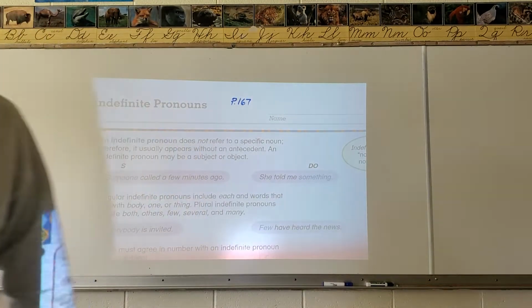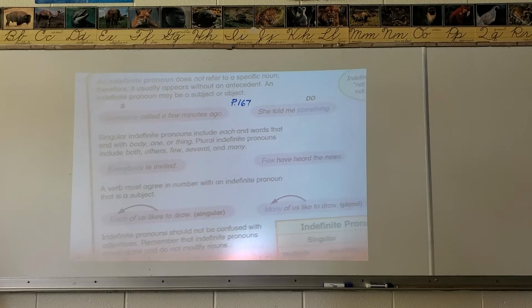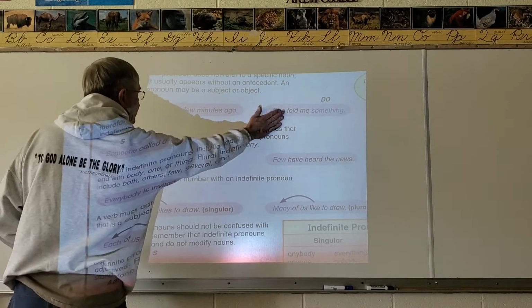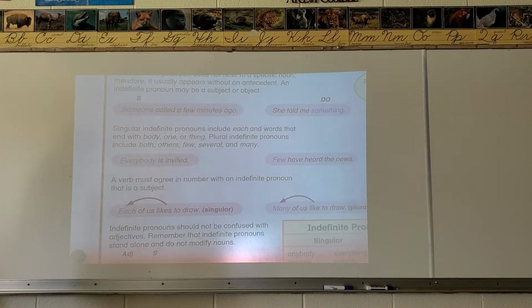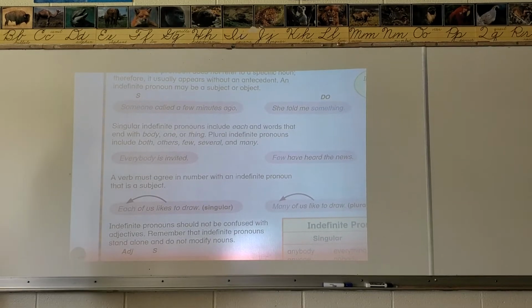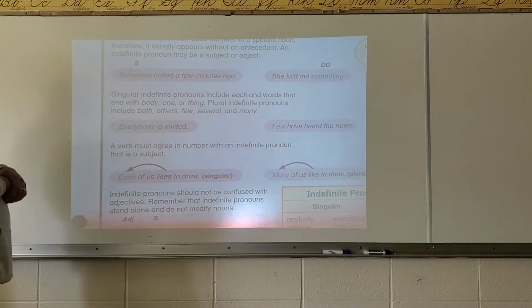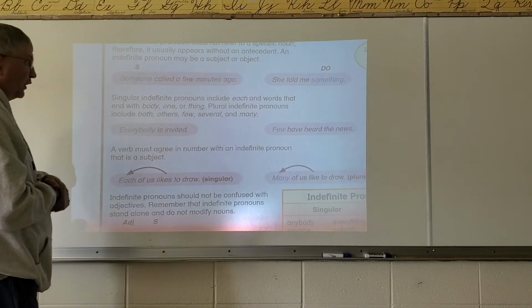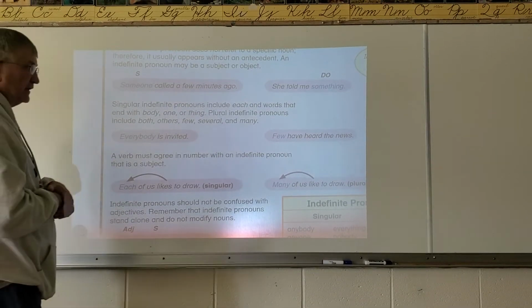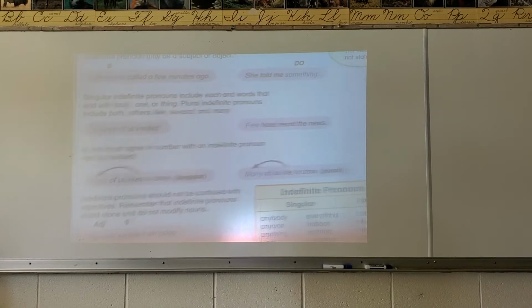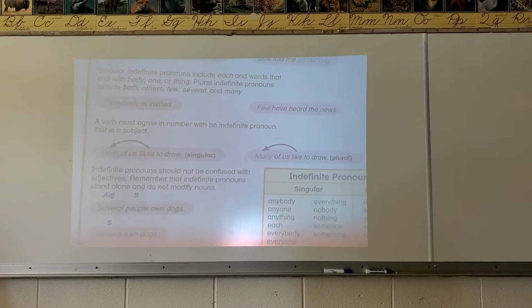Sliding on down further, we have singular indefinite pronouns include each and words that end with body, one, or thing. Plural indefinite pronouns include both, others, few, several, and many. What they're referring to is, if I can slide this up, just partially get it in there.